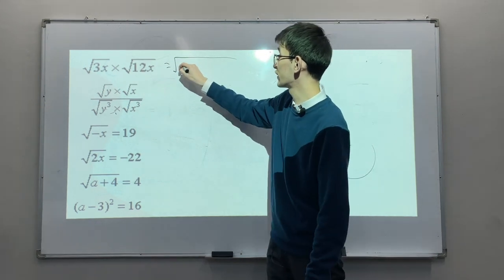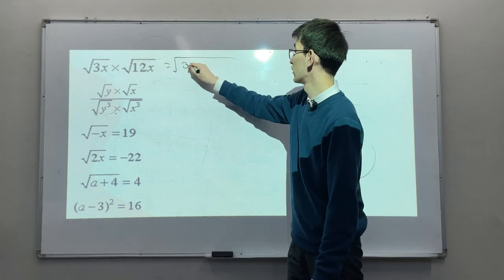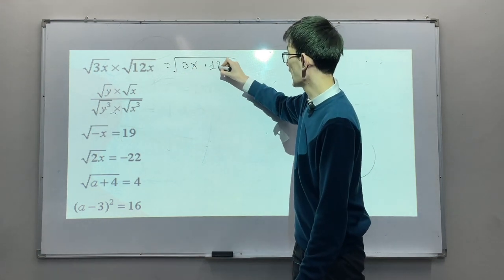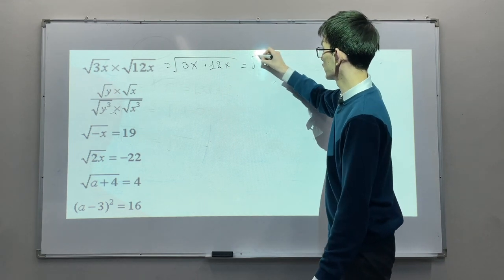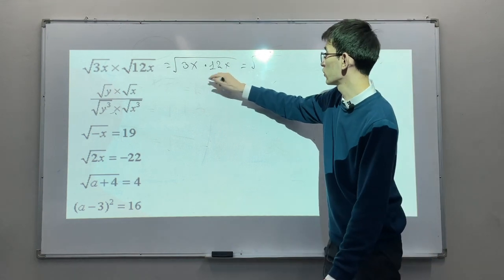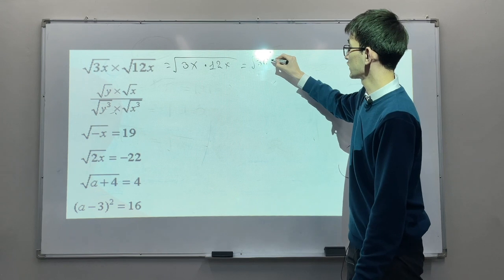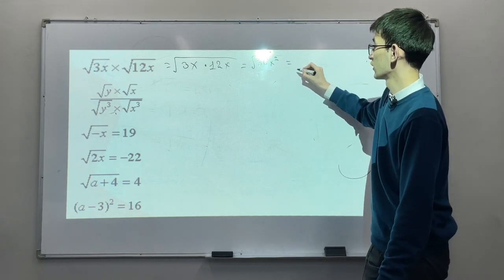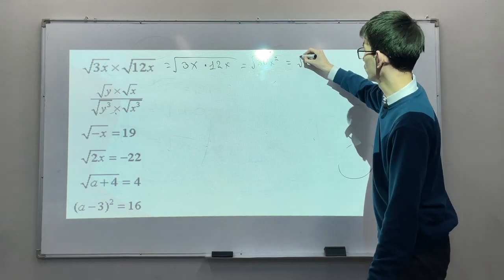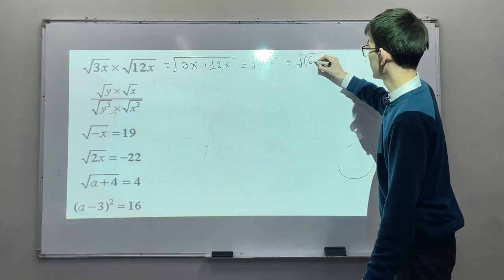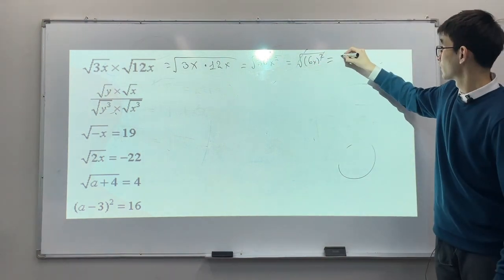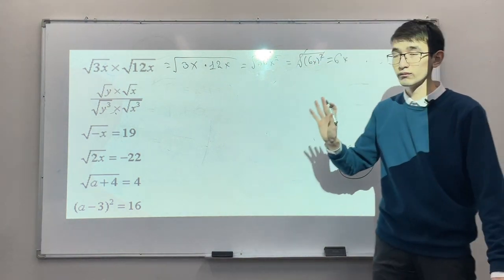Square root of 3x multiplied by 12x is equal to square root of 36x squared. It's equal to square root of 6x squared, and we simplify and get 6x.